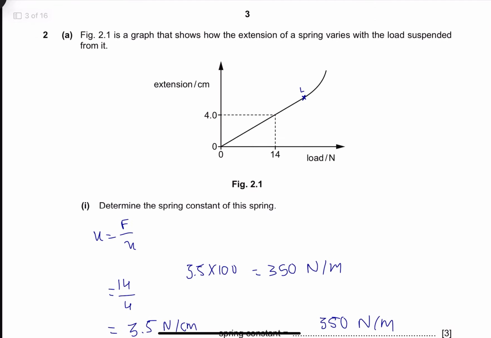Okay, in question number 2, this question is from Hooke's law, and we have to write down the spring constant. As Hooke's law states, F equals Kx, so K equals F divided by x. We have to look at the graph. This is the value of F, that is 14, and this is the value of x.